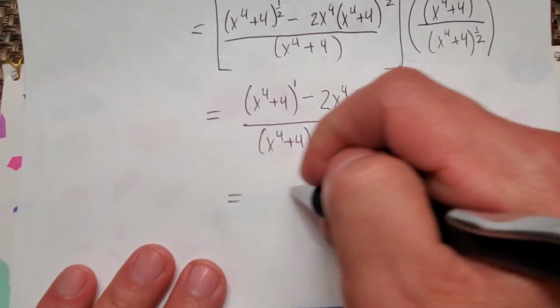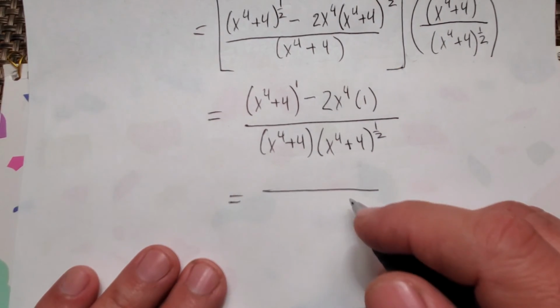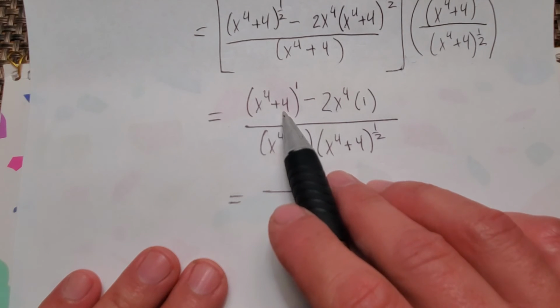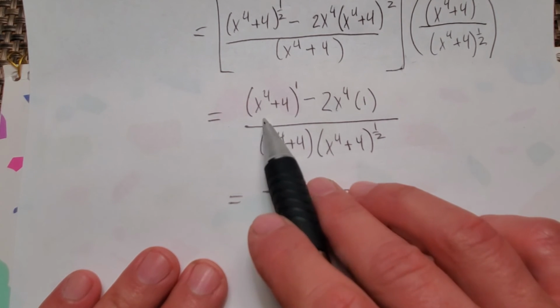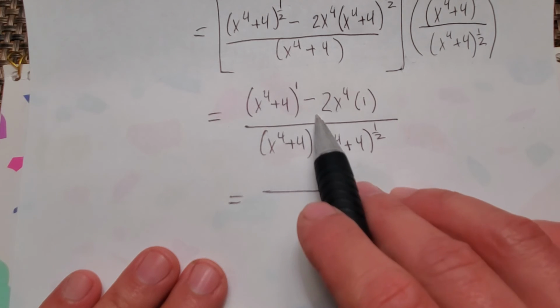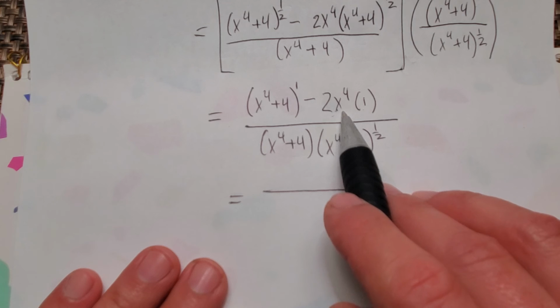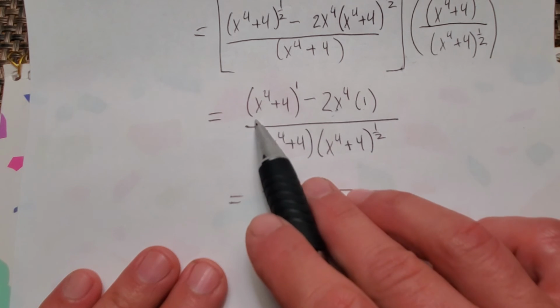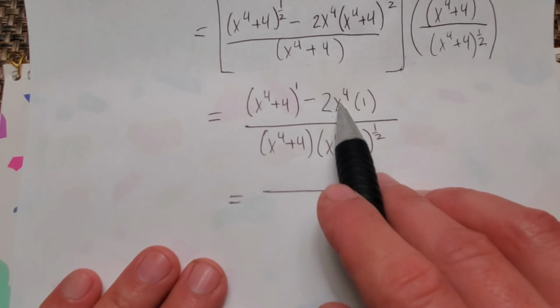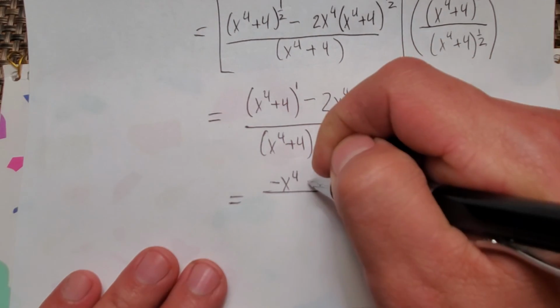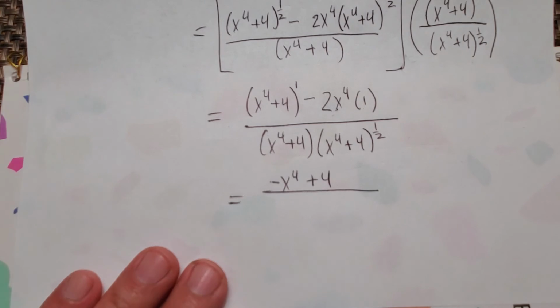So now let's just simplify the numerator and the denominator one last time. So here we have x to the 4th plus 4 to the 1 power, which is just x to the 4th plus 4, minus 2x to the 4th times 1, which is just 2x to the 4th. So x to the 4th minus 2x to the 4th, that's going to be minus x to the 4th plus 4 in the numerator.